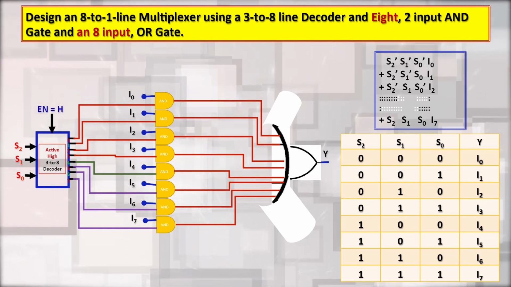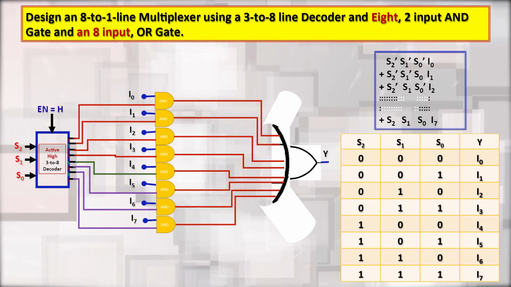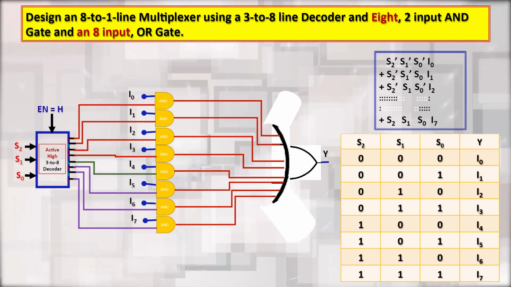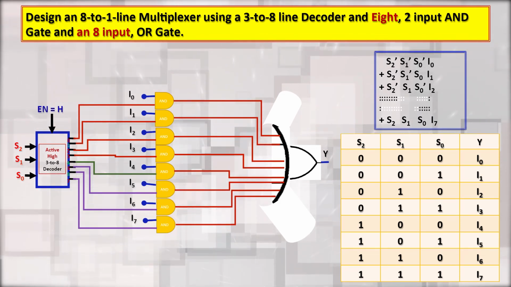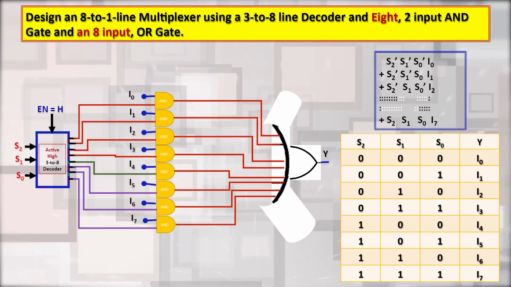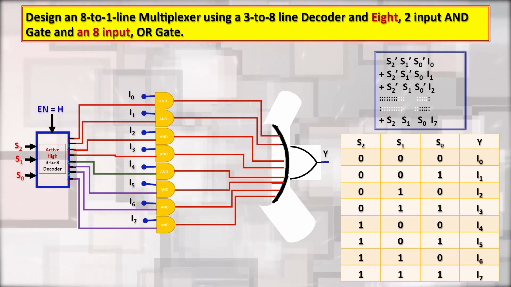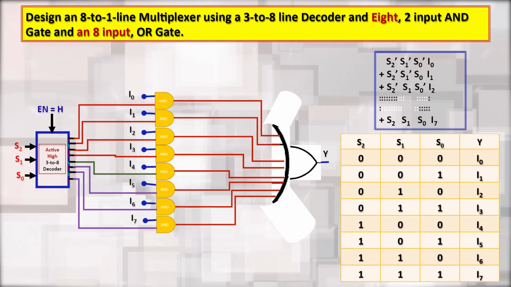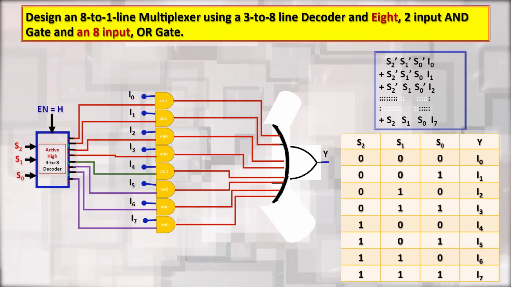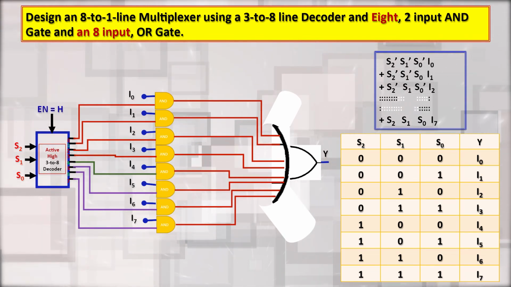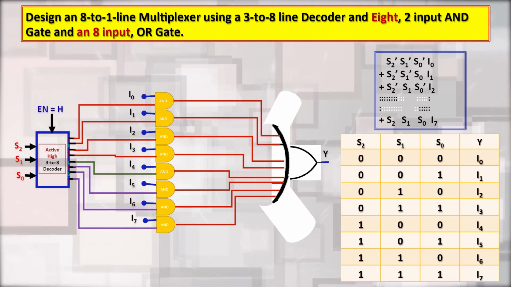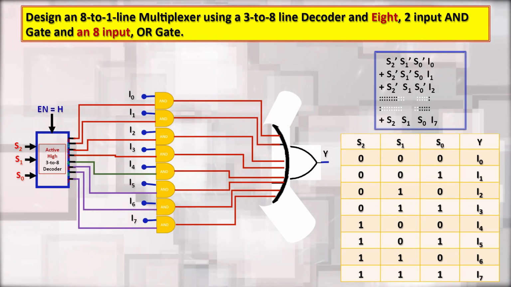All 8 outputs are connected to one input of the AND gates, and the other input of the AND gates is connected to the data lines: I0 to the first AND gate, I1 to the second, and this way I7 to the last AND gate. All the outputs of these AND gates are connected to an 8 input OR gate, and this way the function of an 8 to 1 mux can be realized using a 3 to 8 decoder.